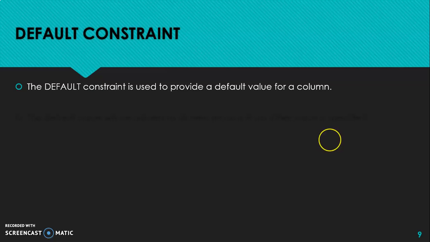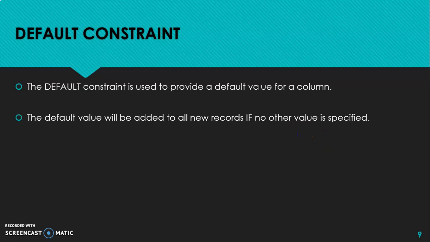If any other value is given, then that value will be considered. The default value will be added to all the new records if no other value is specified. So if the values are not specified, then whatever the default value that you are assigning, that value will be assigned to that particular record.